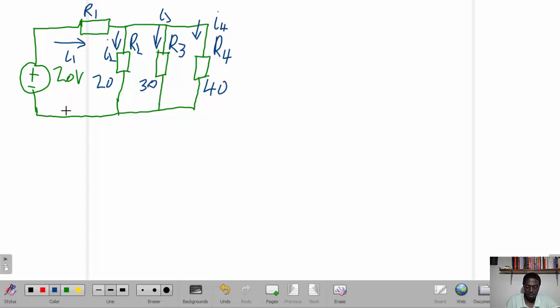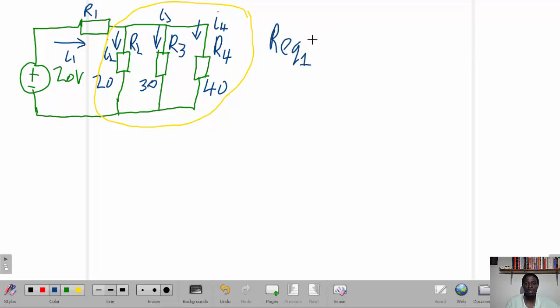So what we have to first of all find is the total resistance. When you look at this circuit, these resistances are all in parallel. So we can have a total resistance here, which we are going to call R equivalent 1.